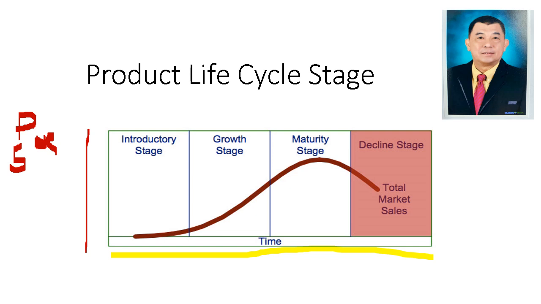But you can see here definitely that the line for the introduction stage is very flat, and you can see obviously that there is no profit or revenues coming in for this introduction stage when the product is inside this stage.